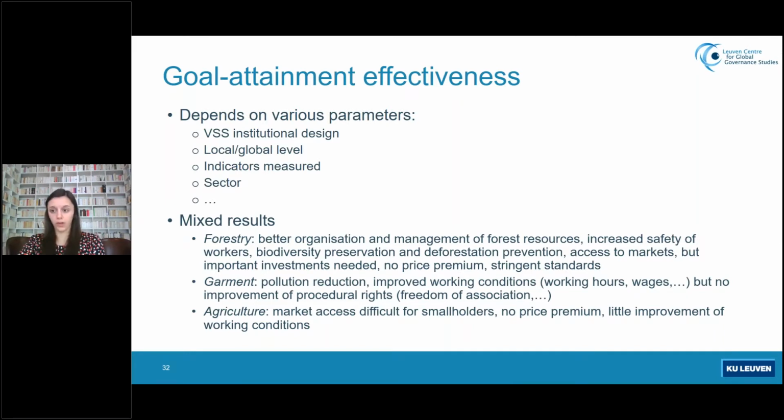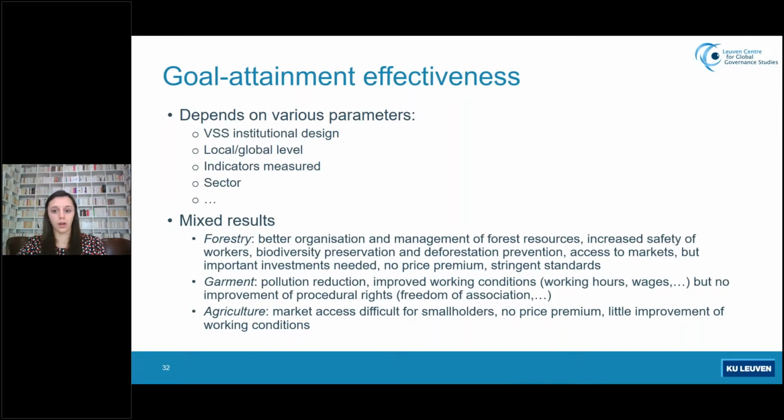But on the negative side, the studies on the forestry sector also tend to show that certification requires important investments in sustainable forest management, that certified producers don't get the expected price premium for the certified products, and that standards in the forestry sector are quite stringent and thus very difficult to implement, especially for smallholders in developing countries, as we mentioned.